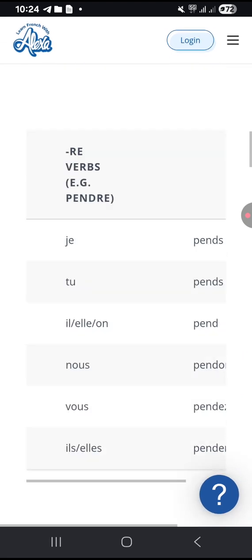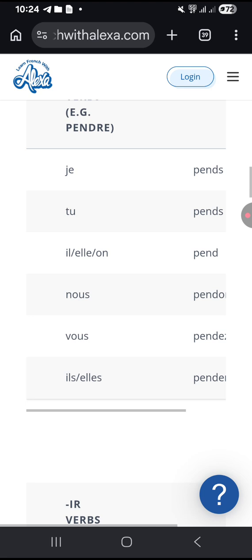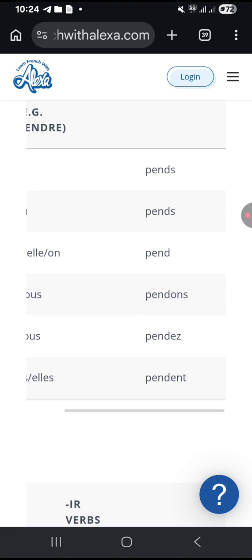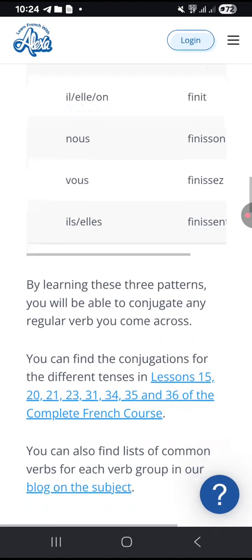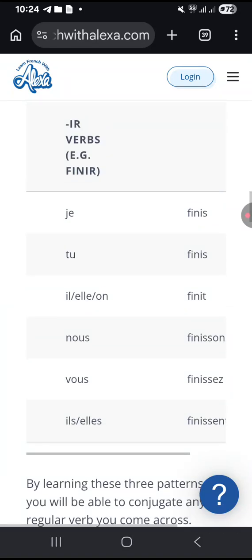When we talk about conjugation in French, conjugation is the endings. Je réponds, tu réponds, elle répond, nous répondons, vous répondez, elles répondent. These are the conjugation.